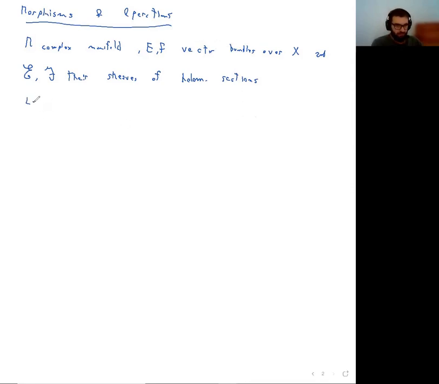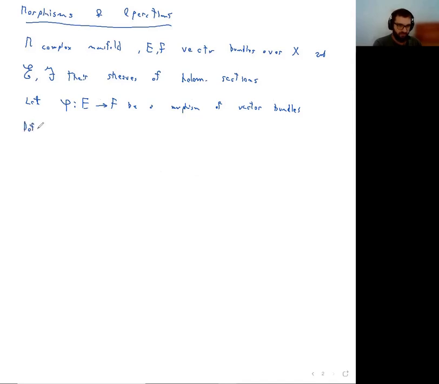So the question is now, a very basic question, we have a morphism of vector bundles phi. This should somehow induce a morphism of sheaves. I mean, that's what we expect, no?